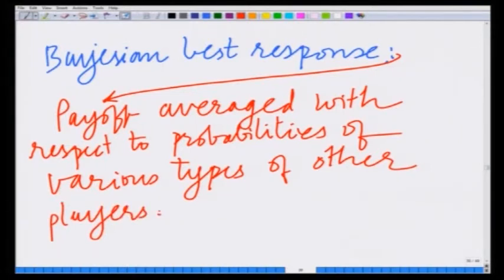That is what we are trying to figure out: the payoff of the player boy, that is the average payoff of the player boy, averaged using the probabilities corresponding to the different types of the other players, and his payoff corresponding to the actions of the different types of the other players. Therefore, we have computed the average payoff for the boy, and we have seen what is his Bayesian best response in this average sense.